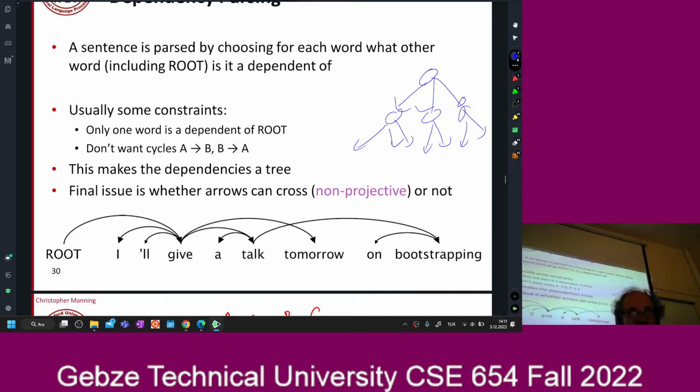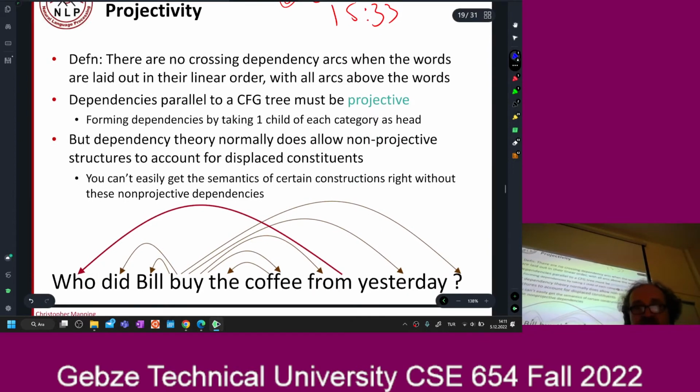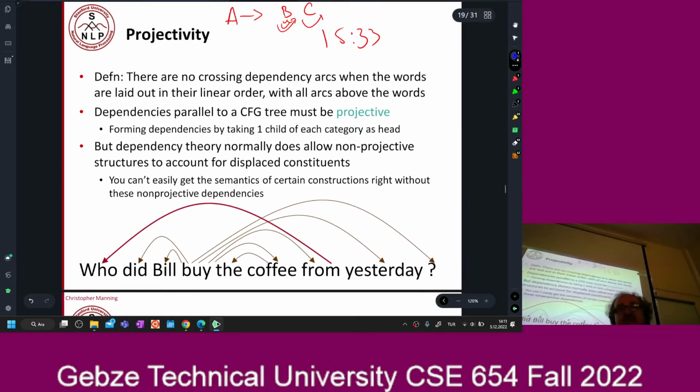Dependency parsing allows it, but we call that non-projective grammars. In Turkish, we have lots of non-projective stuff all over the language. Okay, so that's the definition of projectivity.